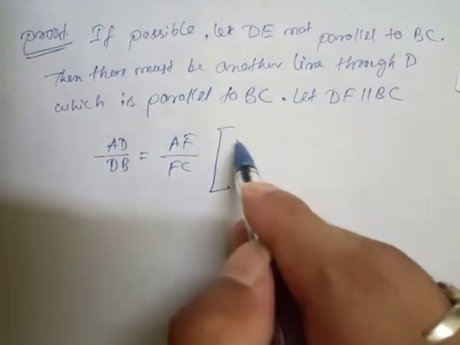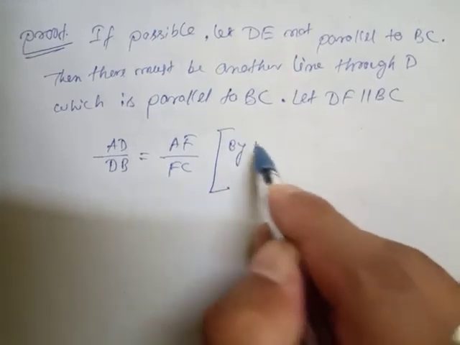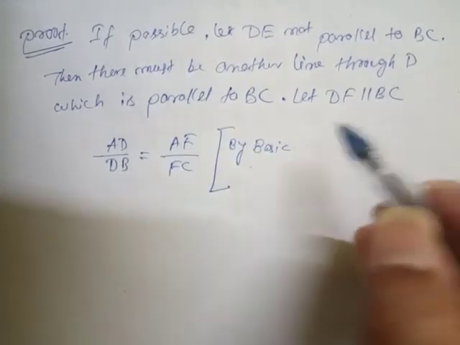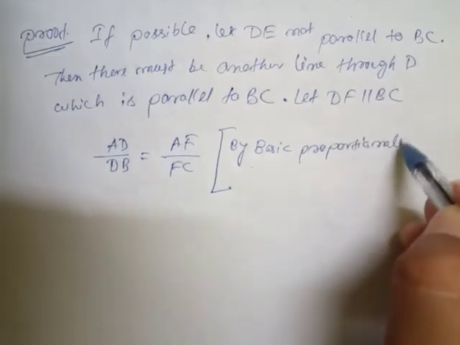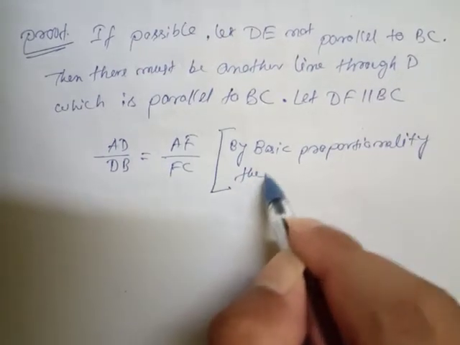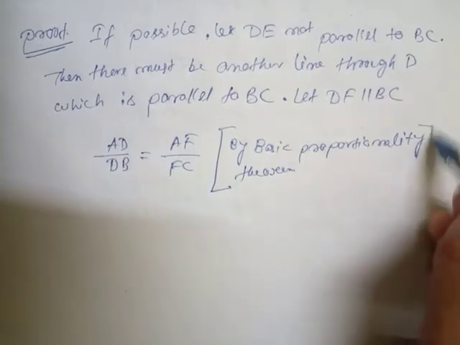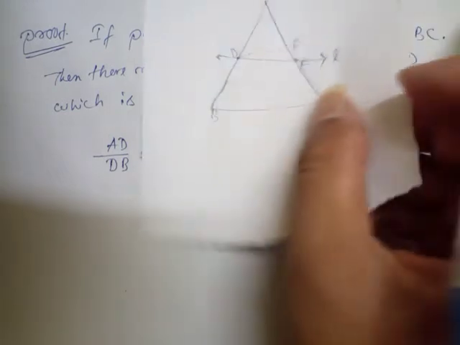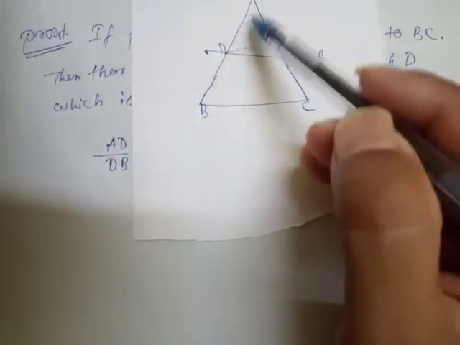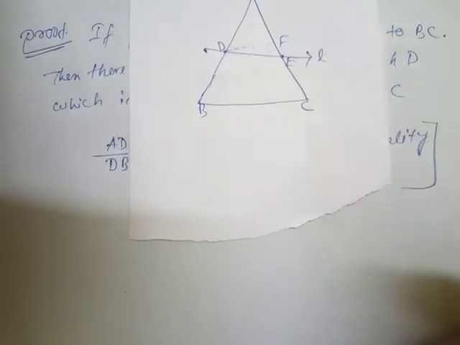We'll write here by basic proportionality theorem. Just now we proved that. If DF is parallel to BC, then AD by DB equals AF by FC.